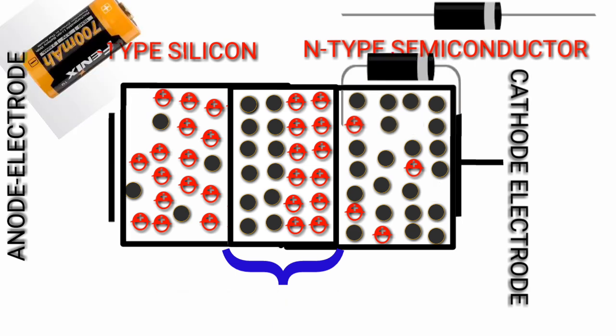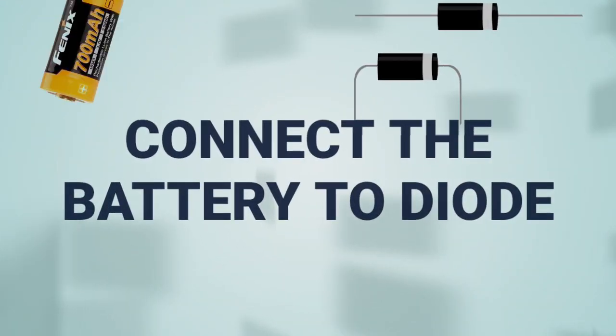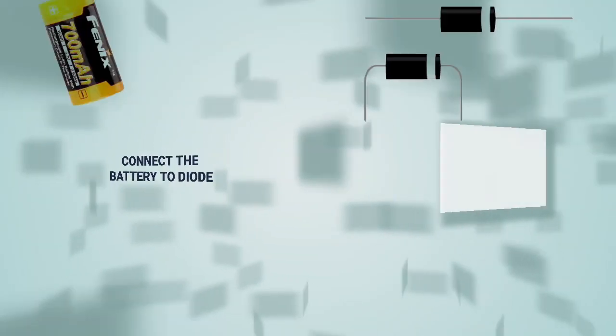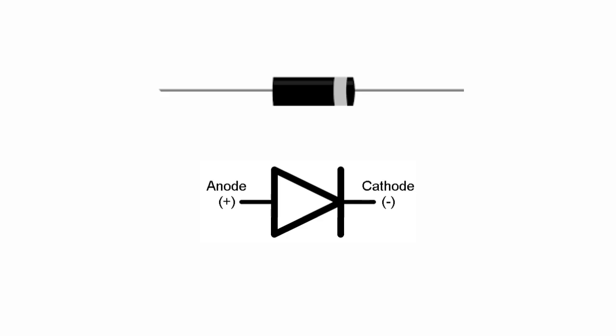Now, let's connect the battery to the diode. Before we connect the battery, let me first explain how the diode allows current from one direction and blocks the other direction. The round white band indicates the negative side of the diode, which is the cathode.